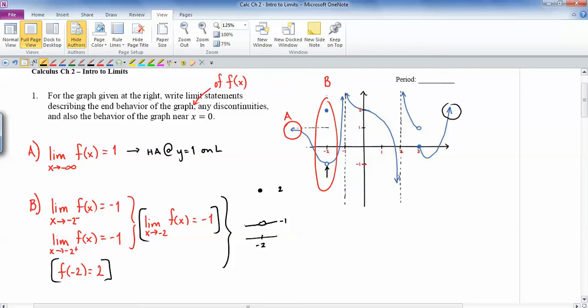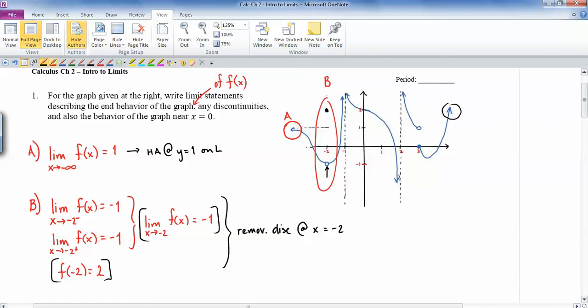So then you can figure out that there's a removable discontinuity at x equals -2. It's called removable even if this dot is filled in up here. The idea is that if I filled in that hole, at least I'd have removed the discontinuity, right? Then it's continuous there. Okay.